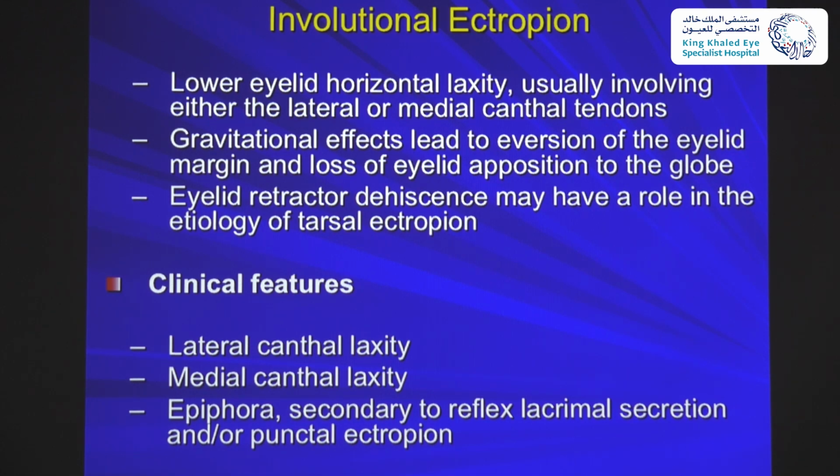Involutional ectropion, as we mentioned, there is horizontal or vertical laxity that leads to this eyelid malposition. And we mention again the patient with a prominent globe has a tendency to develop ectropion, while in enophthalmic globe they tend to have entropion. So in the clinical features, you see the laxity, horizontal and vertical laxity, as we just discussed before, and the ocular irritation because of the eyelid malposition.